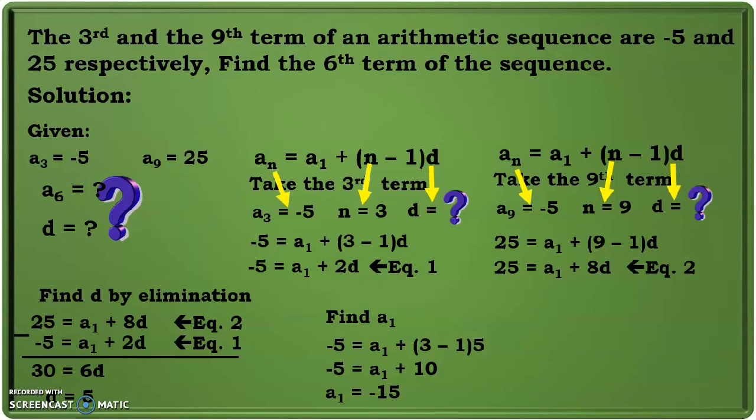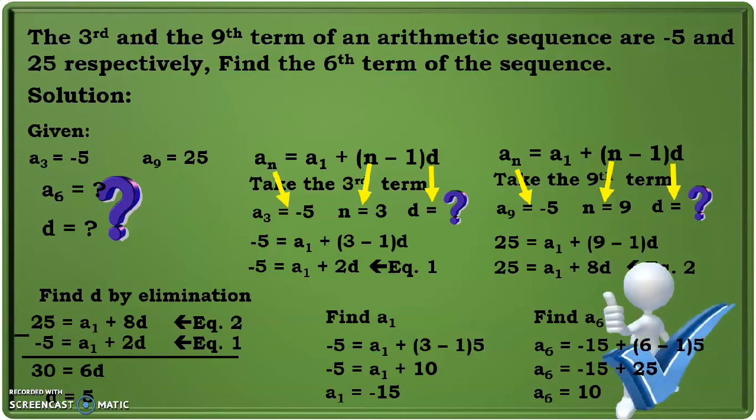Then since we have already the first term, let us find the sixth term. So a sub 6 is equal to negative 15 plus the quantity of 6 minus 1 times 5. Then a sub 6 equals negative 15 plus 25. Simplify, the sixth term is equal to 10.